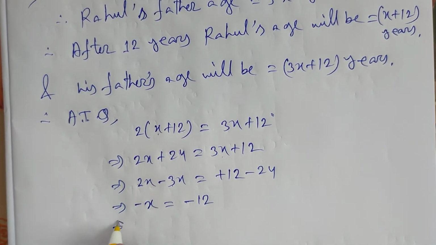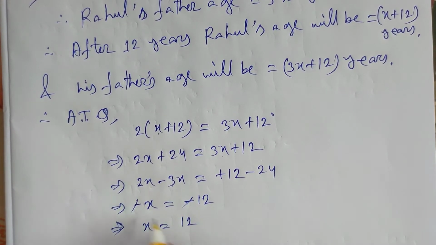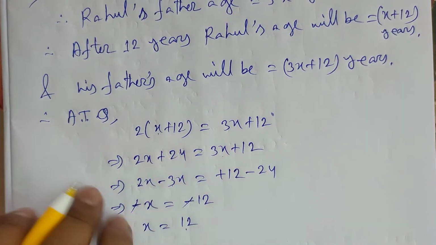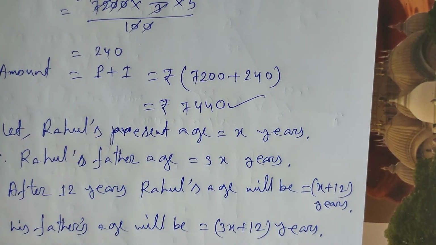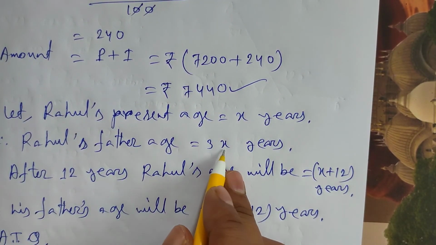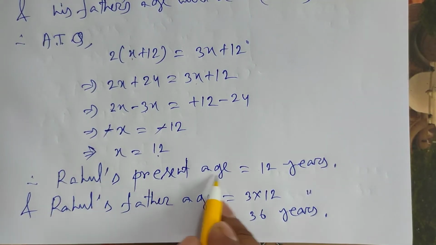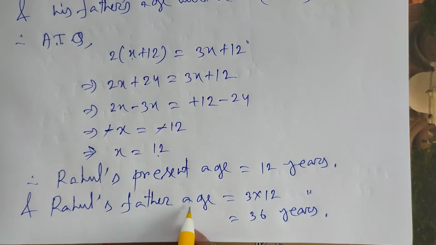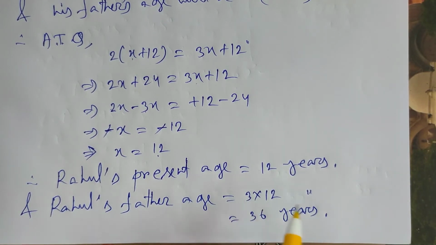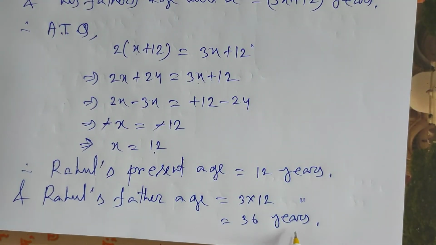So what will be the value of x? x equals 12. So we got the value of x, that means Rahul's present age is 12 years and his father's age will be 3 multiplied by 12, because it is 3 times x, that means 3 multiplied by 12, which is 36 years.